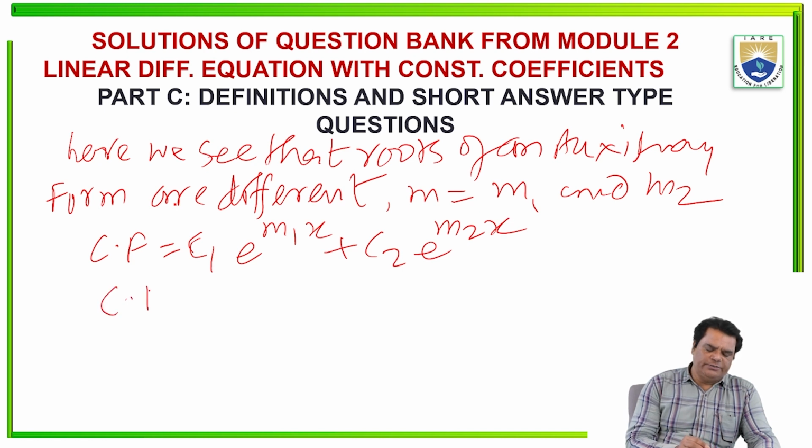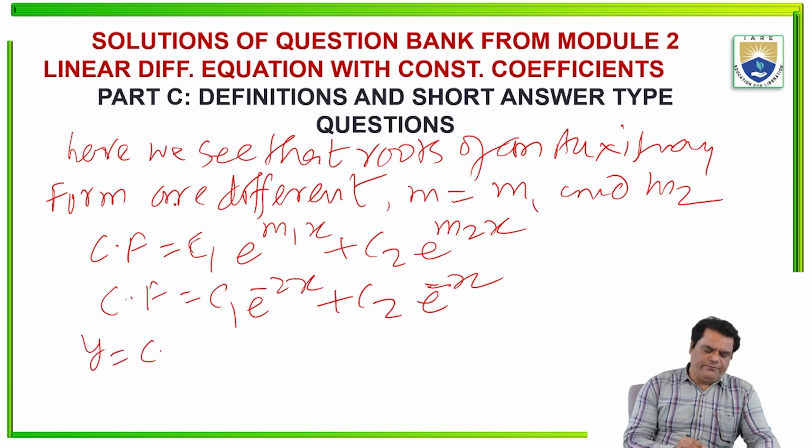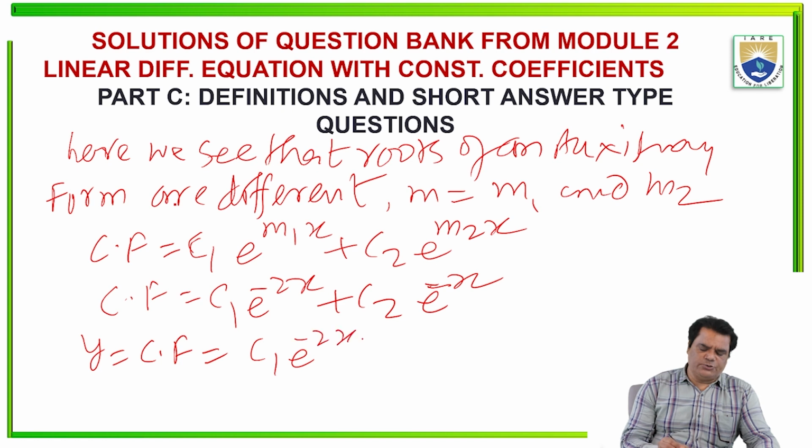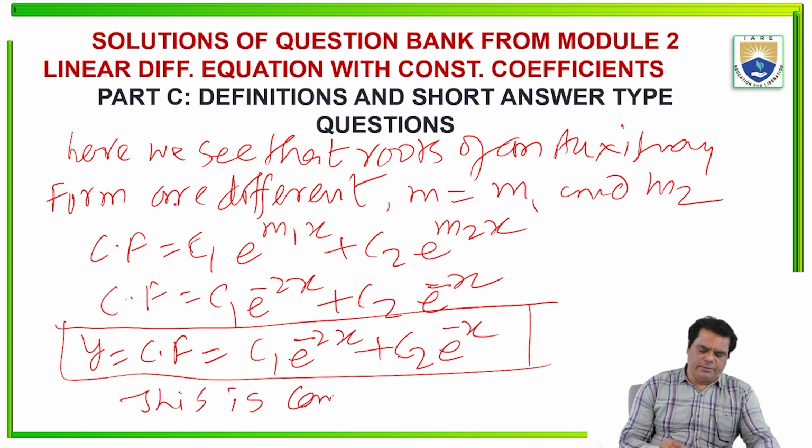So CF is C1 e to the power minus 2x plus C2 e to the power minus x. So y is equal to CF equal to C1 e to the power minus 2x plus C2 e to the power minus x. This is the complete solution of 1.